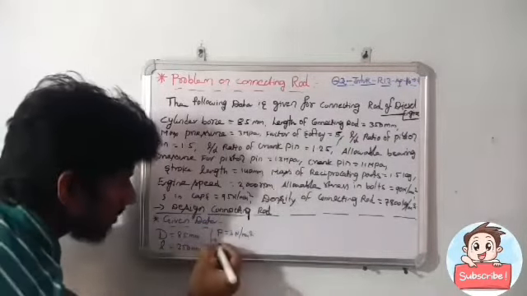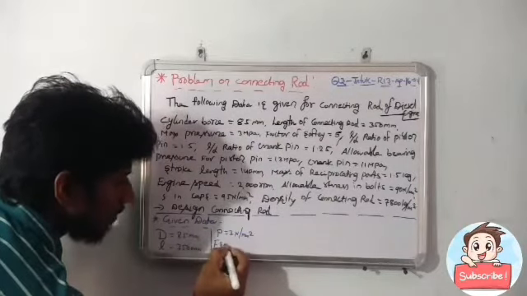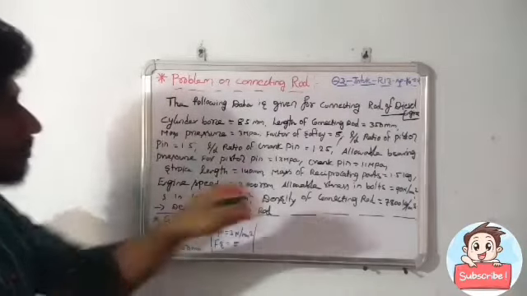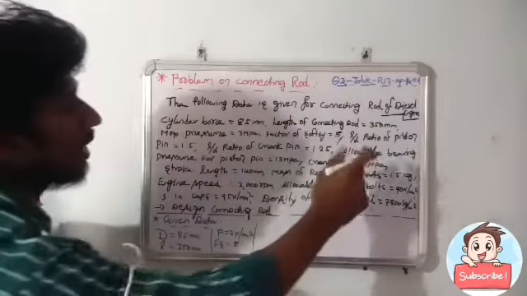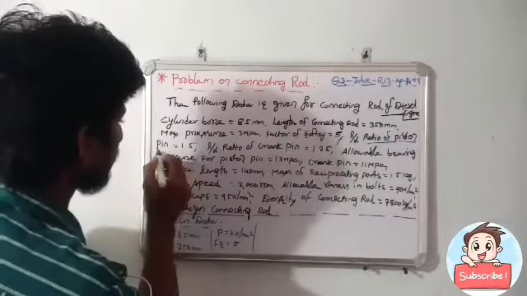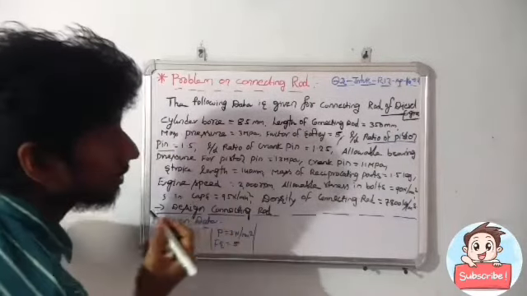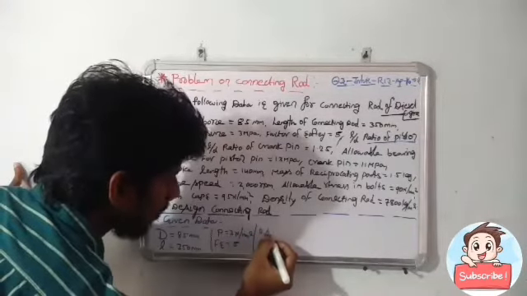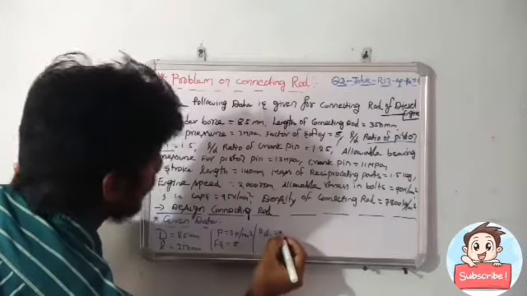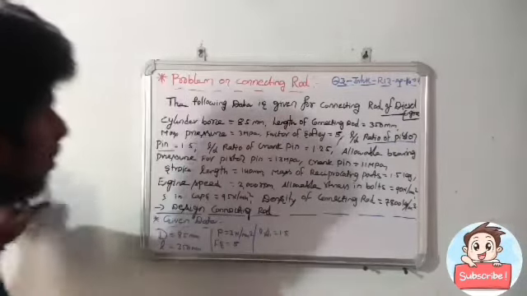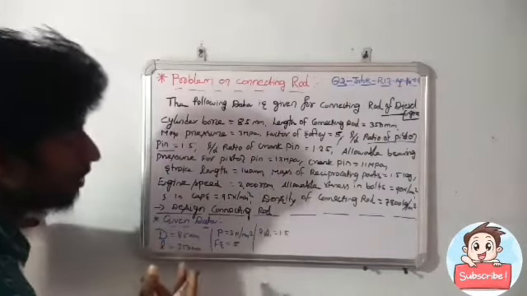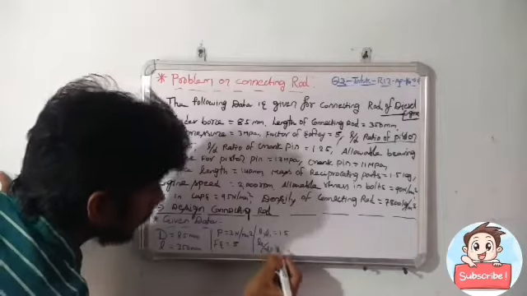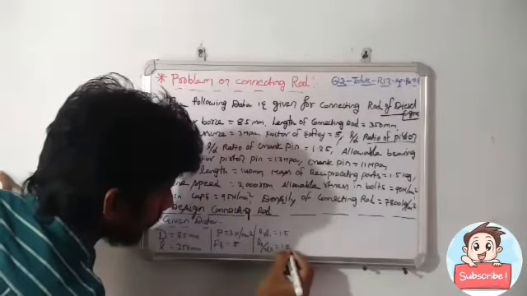And after that, factor of safety equal to 5. The length to diameter ratio of the piston pin I would like to consider as L1 by D1, equal to 1.5, and the length to diameter ratio for the crank pin as L2 by D2, equal to 1.25.